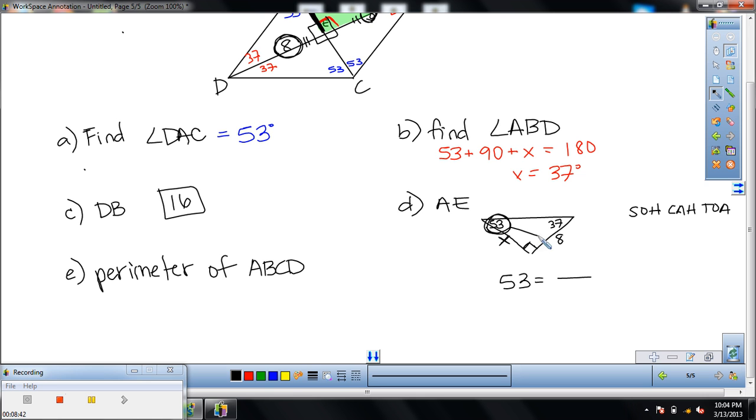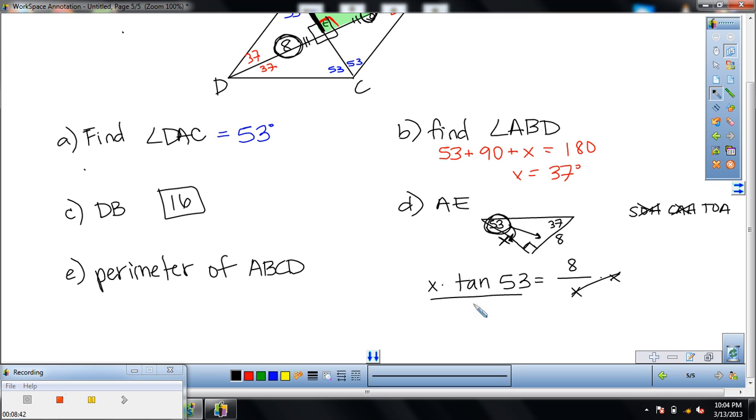I know I want to use the opposite side, and I want to use the adjacent side. I don't have any information about my hypotenuse, so I can't use sine or cosine. That requires me to use tangent. The tangent of 53 is opposite over adjacent, and now I'm going to solve for x.